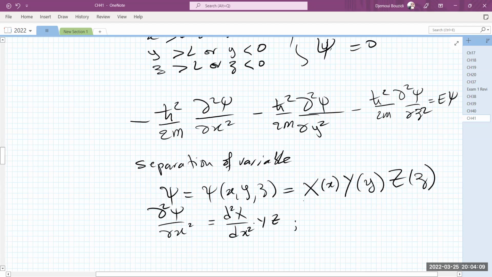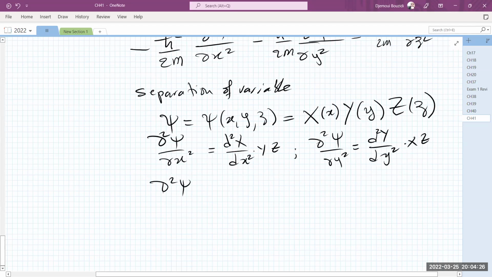And similarly for the other two, namely the second derivative of psi with respect to y is equal to the second derivative of Y with respect to y times XZ. And finally, the second derivative with respect to z is simply equal to the second derivative of Z. I'm sorry, it has to be a straight derivative, because there is only one dependence on z. So the second derivative of Z with respect to z times XY.